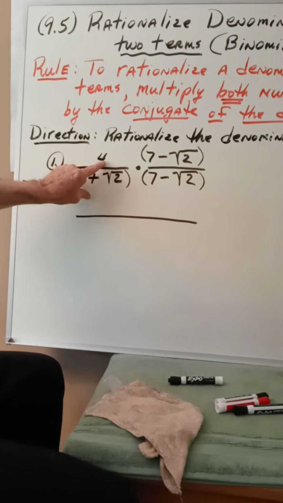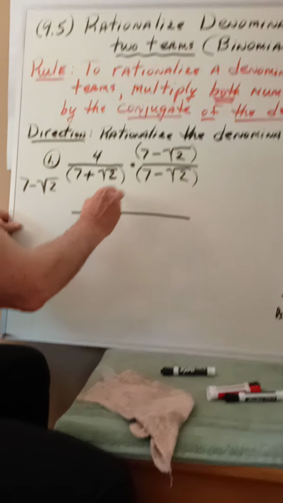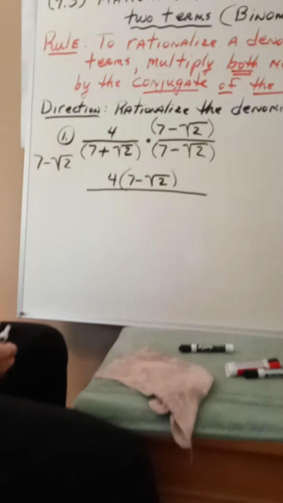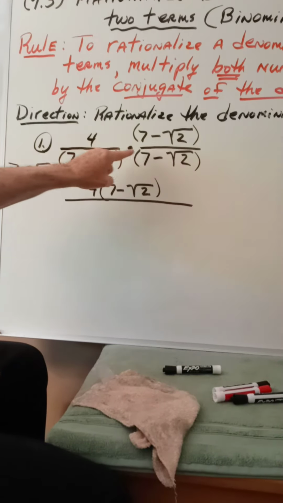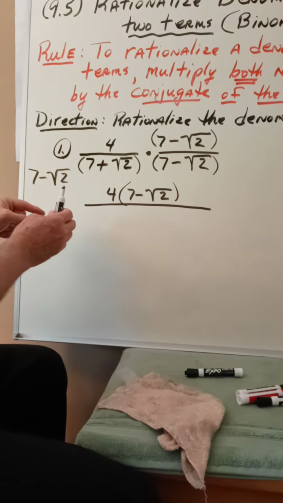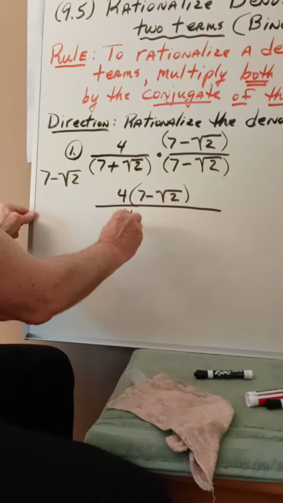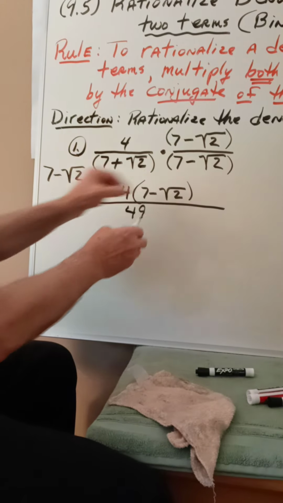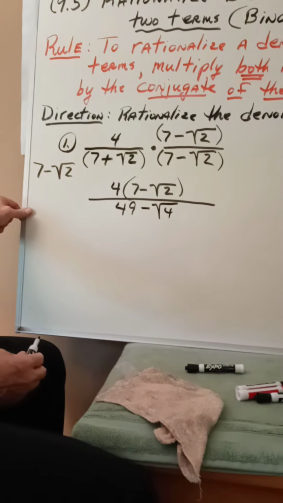Now we've got to multiply 4 times him. Well, let's write it like this first. And on the bottom, since these are conjugates that we're going to multiply together, we're not going to worry about the outer and the inner. We're just going to multiply the first, 49. And we're going to multiply the last. Positive times negative, negative root 4.